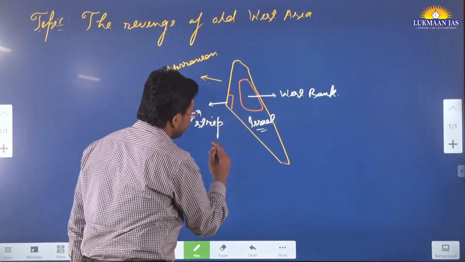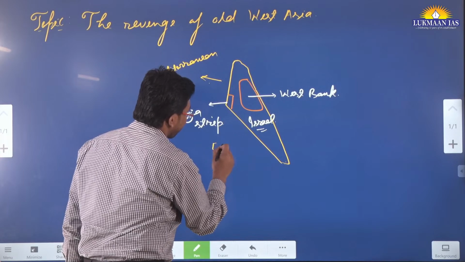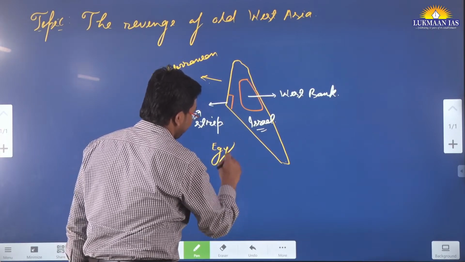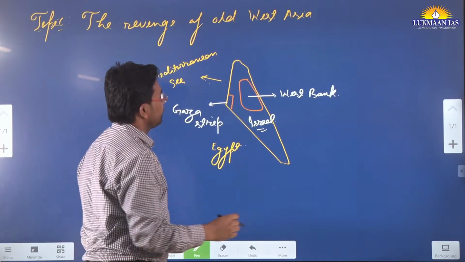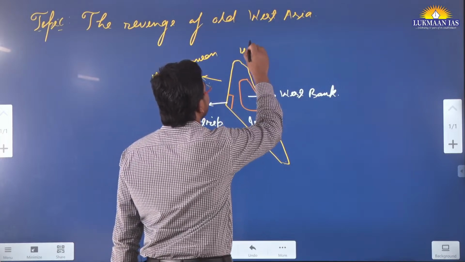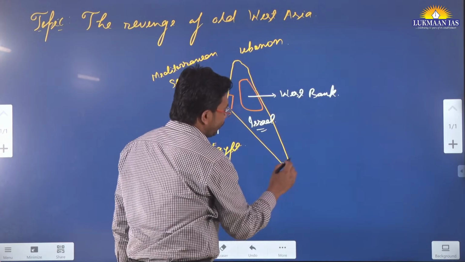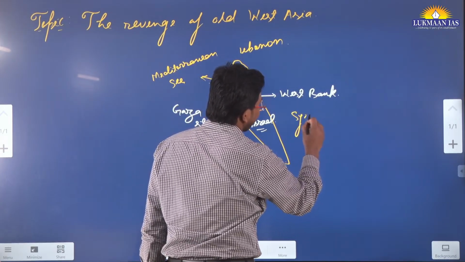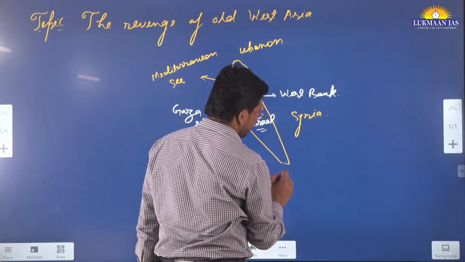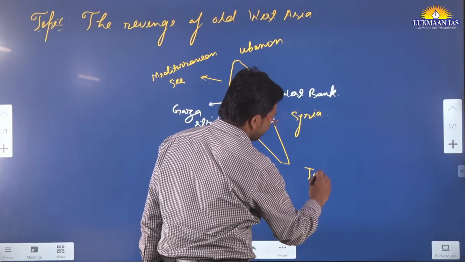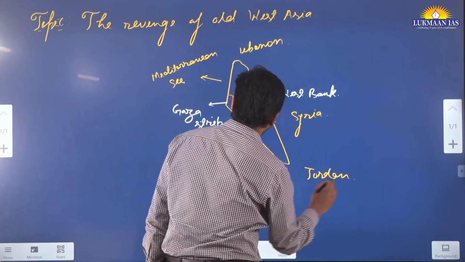And here, which country is there? We have Egypt. Over here we have Lebanon. Over here we have Syria. This is Jordan. Like that.